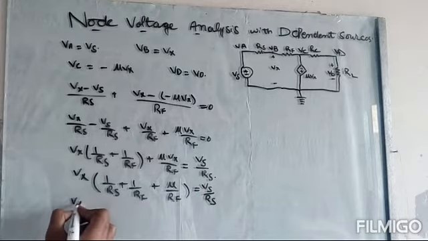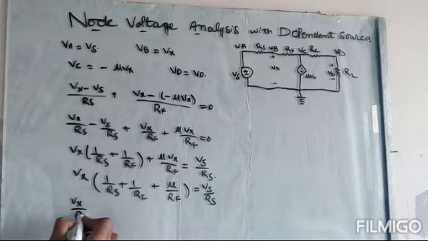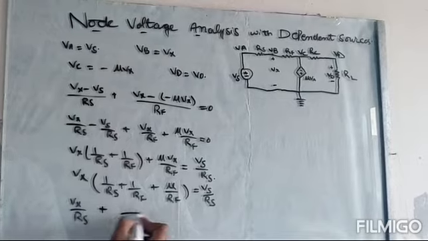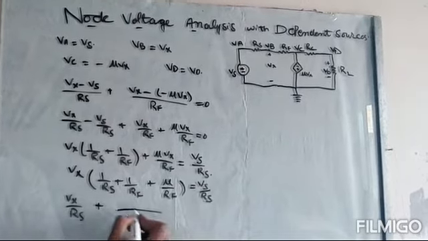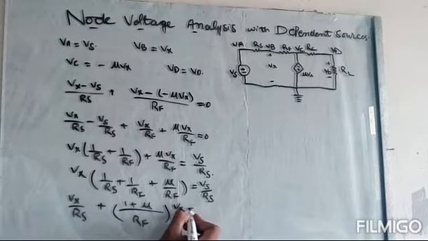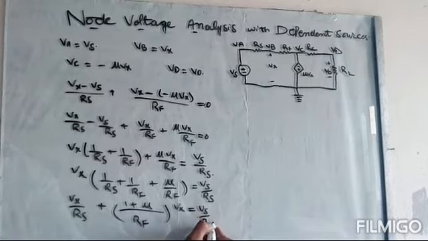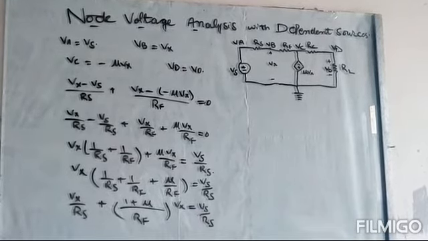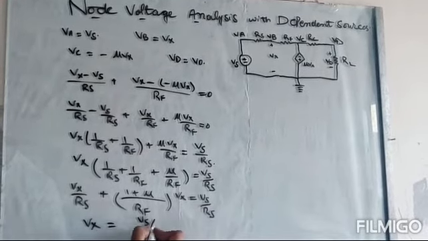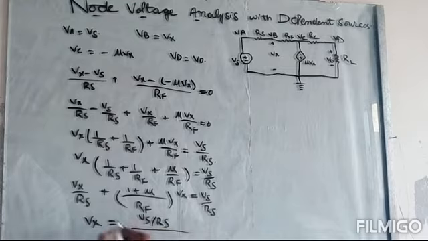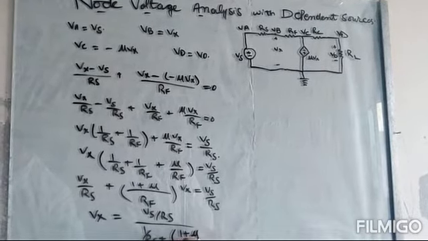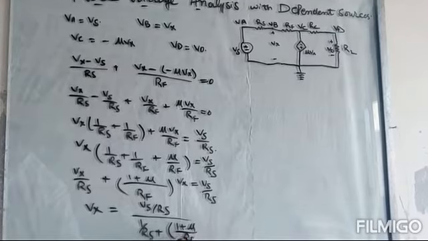Taking the LCM, Vx into 1 over Rs plus 1 plus mu over Rf is equal to Vs over Rs. So we want to find Vx, so it will be equal to Vs over Rs divided by 1 over Rs plus 1 plus mu divided by Rf.